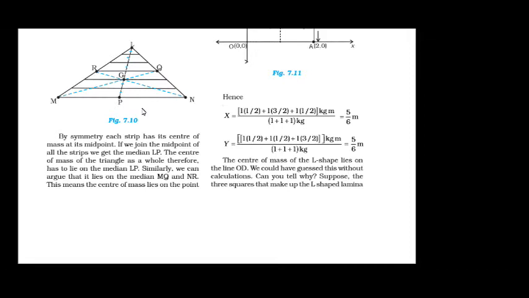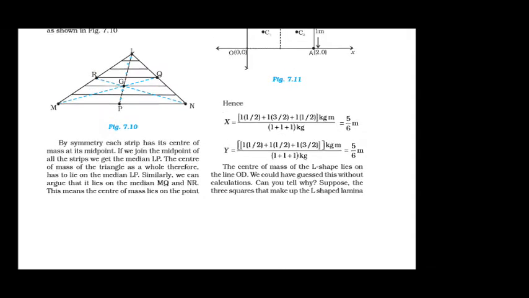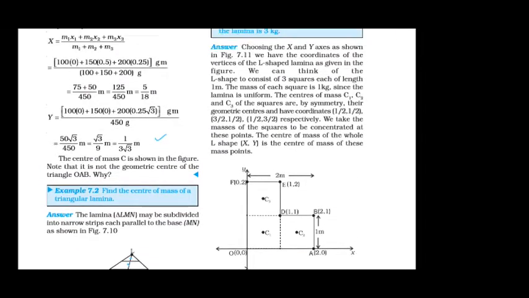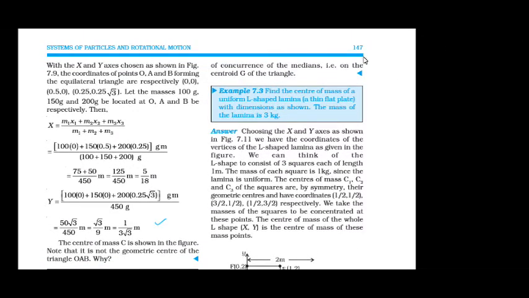This means the center of mass lies on the point of concurrence of the three medians, that is the centroid G of the triangle.